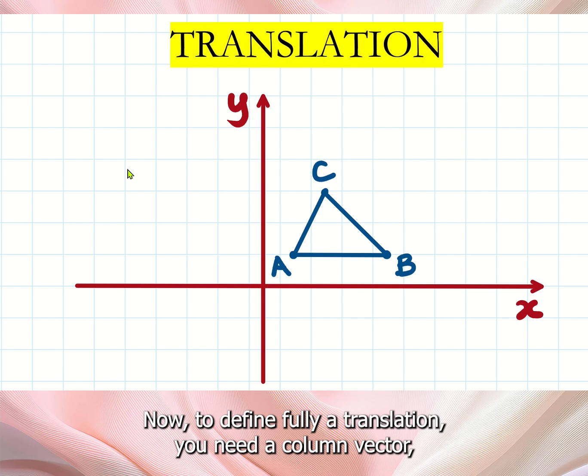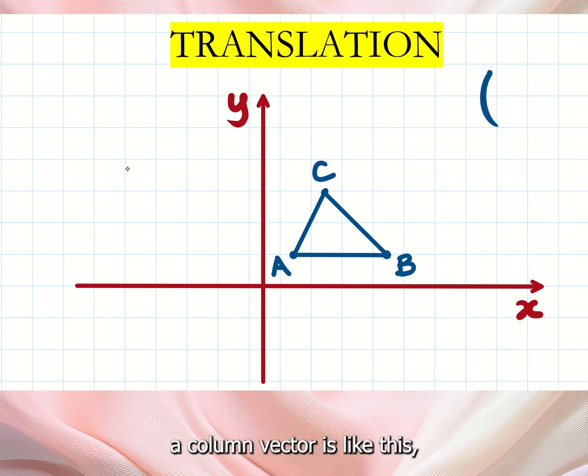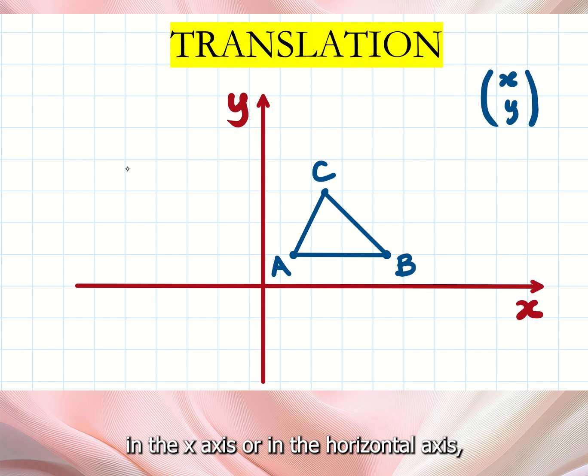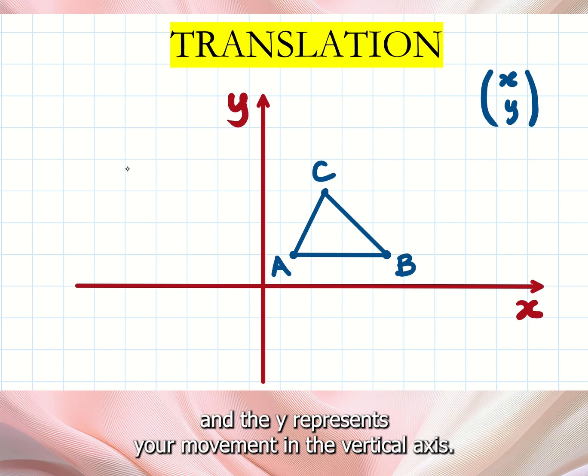Now, to define fully a translation, you need a column vector. A column vector is like this, where your x value represents your movement in the x-axis or the horizontal axis, and the y represents your movement in the vertical axis.